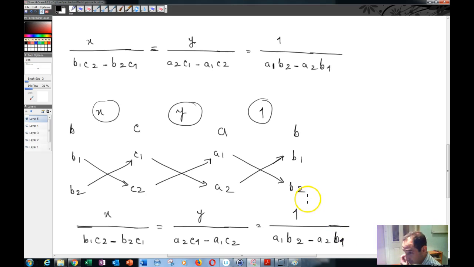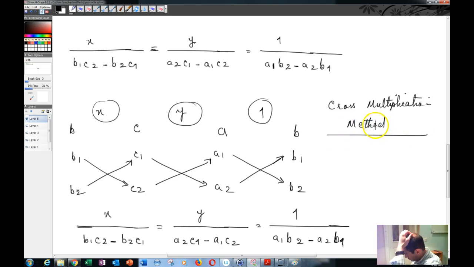And that's basically how you can solve any pair of linear equations in two variables. And that's basically why it's called the cross multiplication method.